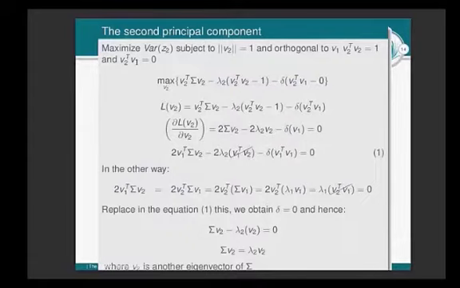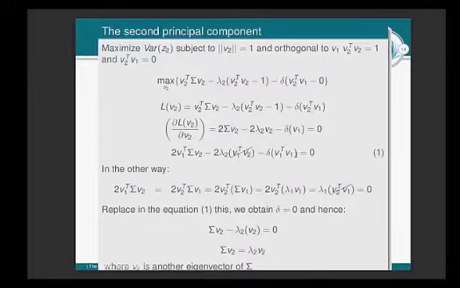We repeat the same procedure as in the previous principal component. Deriving this equation, we obtain 2 B1 transpose sigma B2 minus 2 lambda 2 B1 transpose B2 minus delta B1 transpose B1 equal to 0.